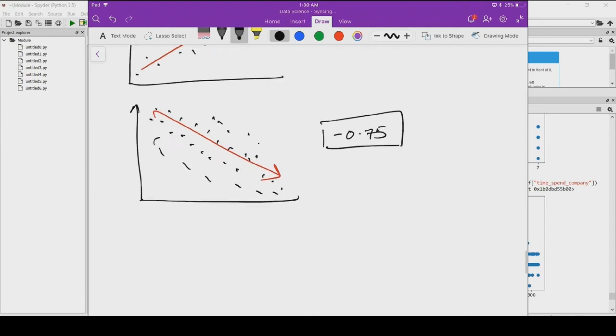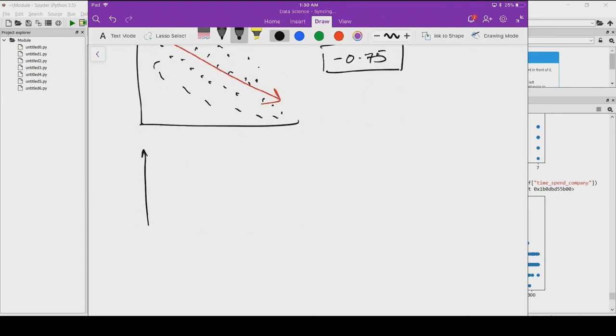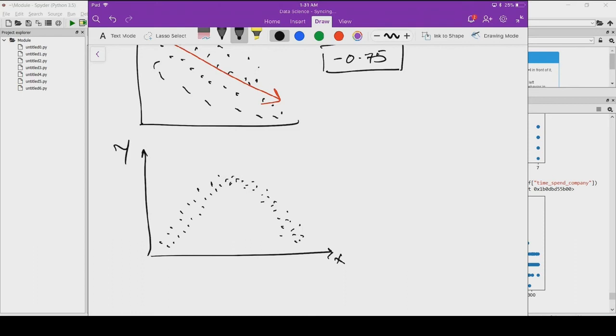But consider a scenario where you have a plot like this. You have an x and y variable, and you find something very interesting. The trend increases to a certain point, but after some point, it starts decreasing. So you have a non-linear relationship between the two. It is increasing first and then decreasing.